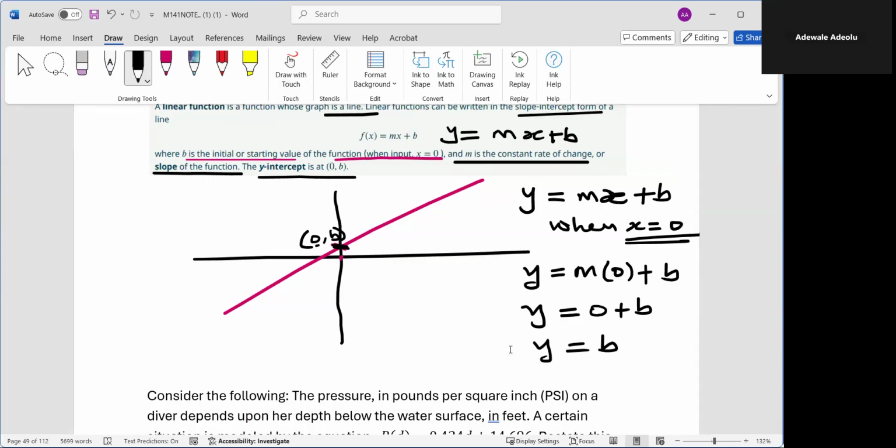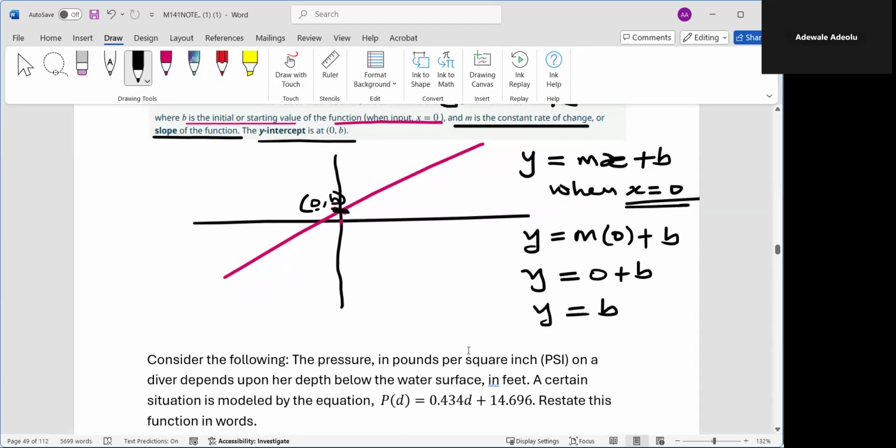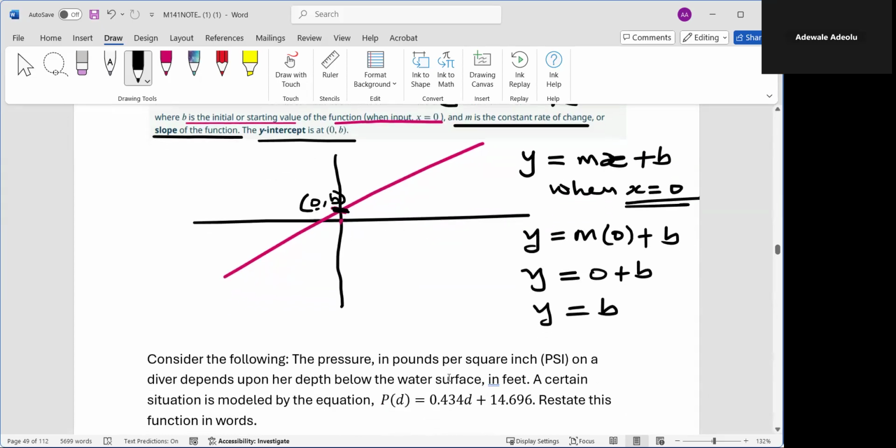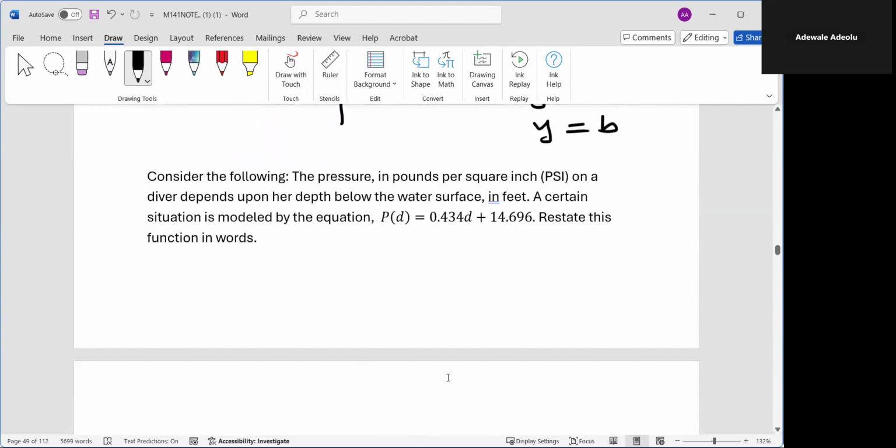For example, you will pay for rent, you pay for workers, even when you have not produced any item. So such cost is called a fixed cost or the intercept, when your input is 0, or when the items you have produced is 0 and it is nothing.